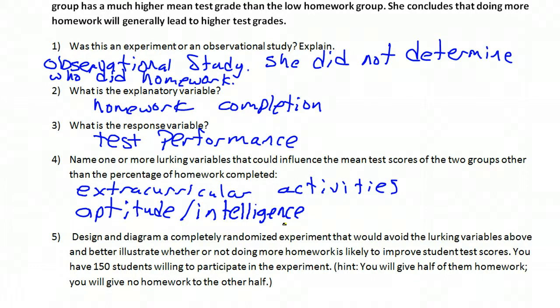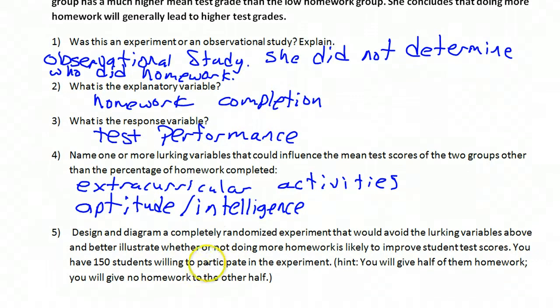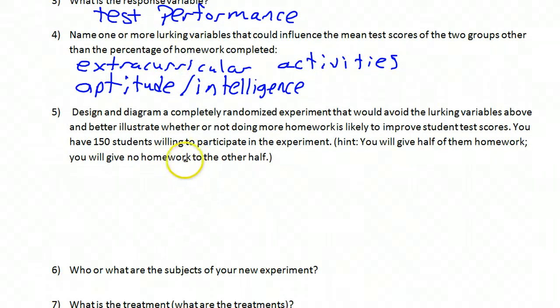But it might not be the lack of homework that's leading to low test scores. It might be a low aptitude and low intelligence, frankly, that's leading both to the low homework and the low test scores. So these are two examples of possible lurking variables, two big ones. There could be others. All right, number 5.